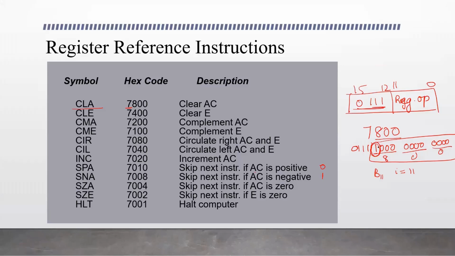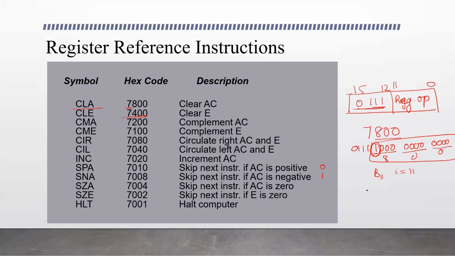And if you take the second operation, what is the second operation in this set? CLE. It is clear the flip-flop E. The hexadecimal code for this instruction is 7400. Let's leave the 7 now and take only the 12 bits.